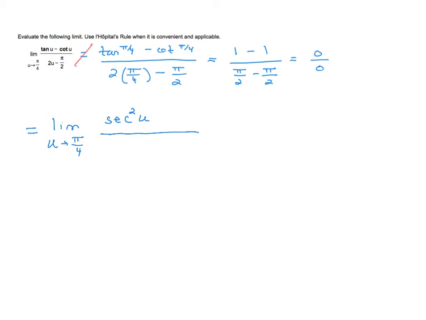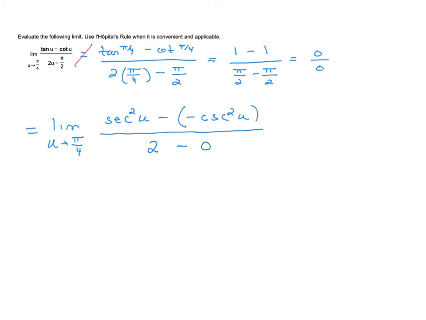And the derivative of cotangent is going to be negative cosecant squared of u. In the denominator, the derivative of 2 times u is just 2, and then minus the derivative of pi over 2. Well, pi over 2 is a number, so its derivative is 0.